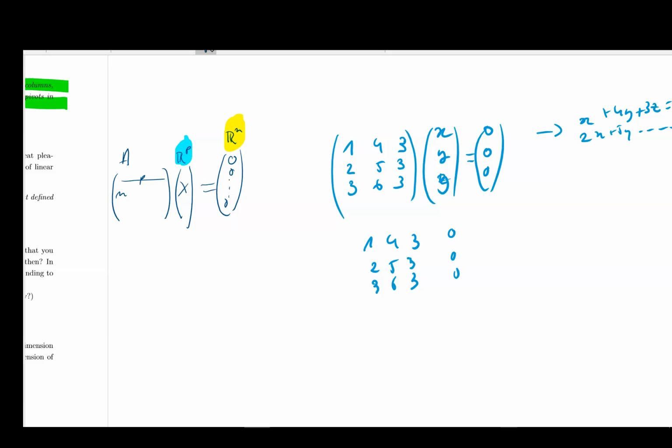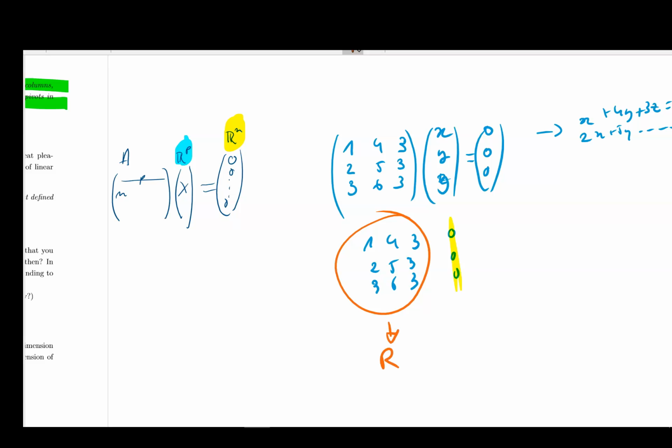Well, do you really need augmented? Answer is no, because any linear combination you will do with 0 is just going to remain 0. So what are you doing? You're just working on your matrix and get it as a reduced row echelon form.